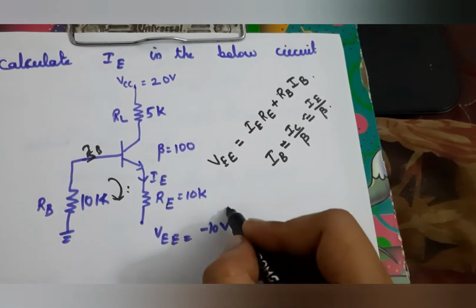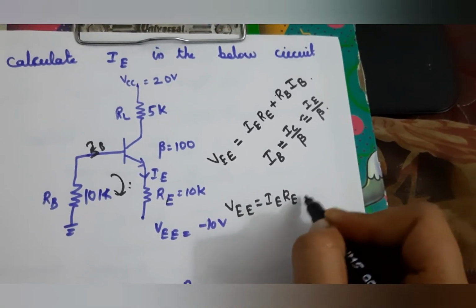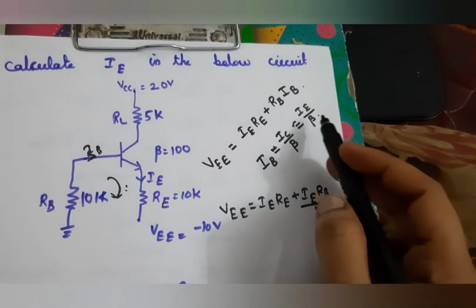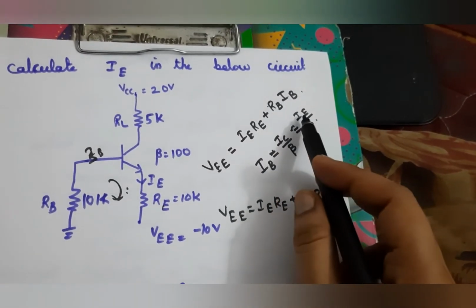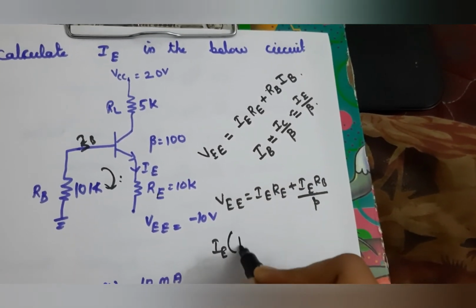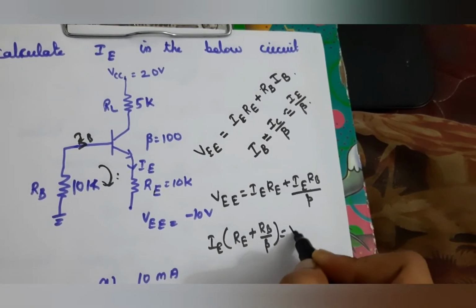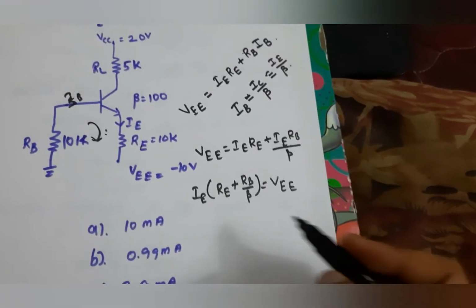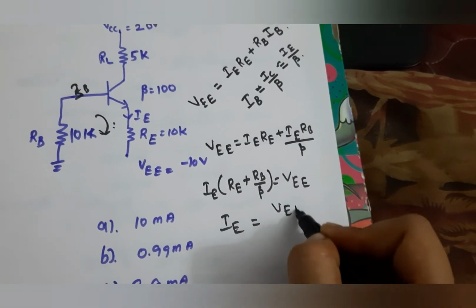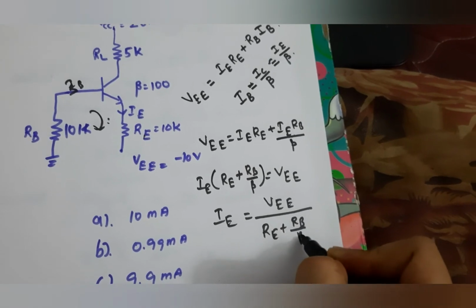So now this equation becomes VEE equal to IE RE plus IE RB by beta. Substitute IE divided by beta for IB. Now we can take IE outside: RE plus RB divided by beta, that is equal to VEE. So from this we can find IE as VEE divided by RE plus RB divided by beta.